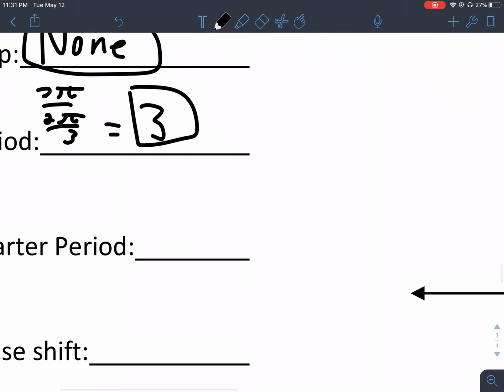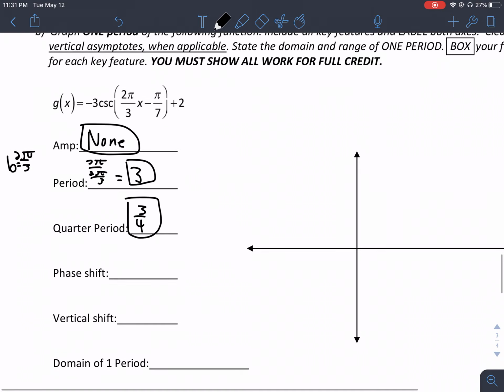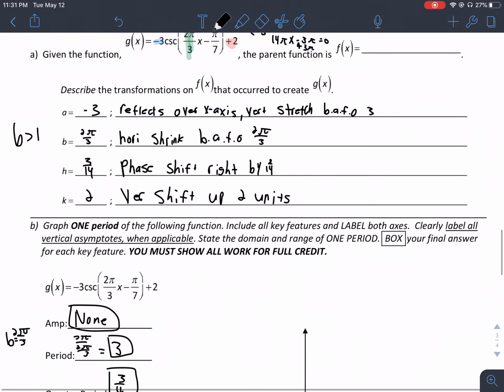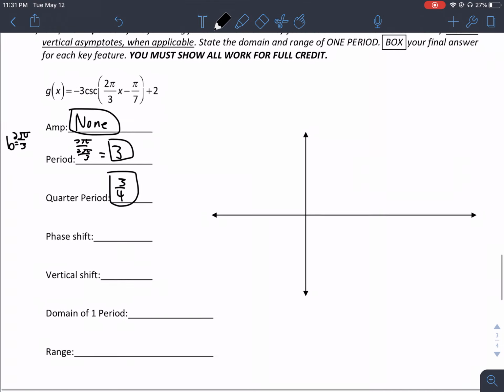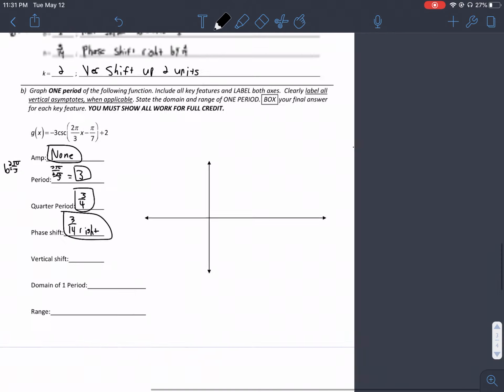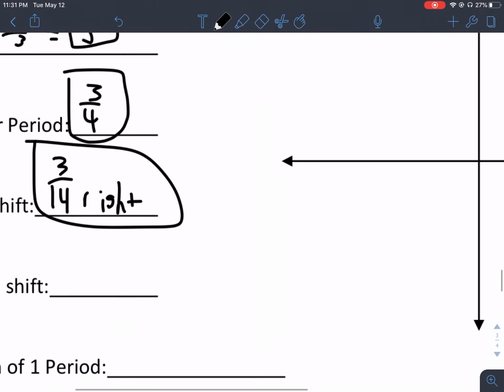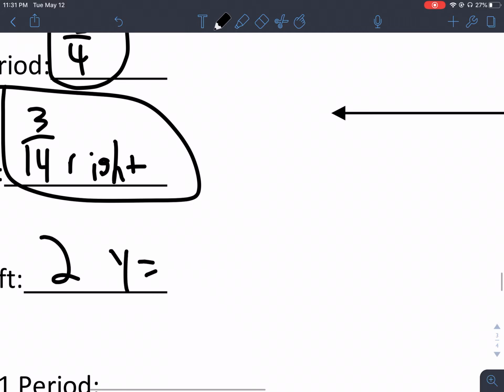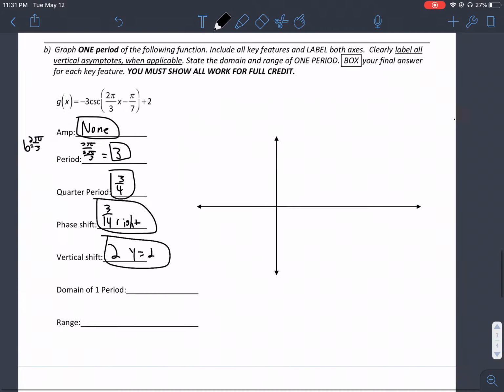Quarter period is the period divided by 4, so 3 divided by 4. That is the quarter period. Phase shift: we know that h and our phase shift are the same thing, so our phase shift is 3 over 14 to the right. Our vertical shift we know is 2, so y equals 2. That's also the midline.